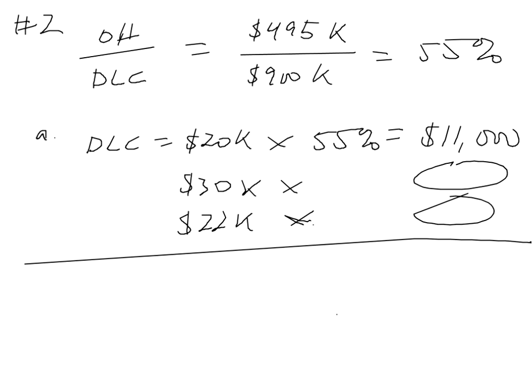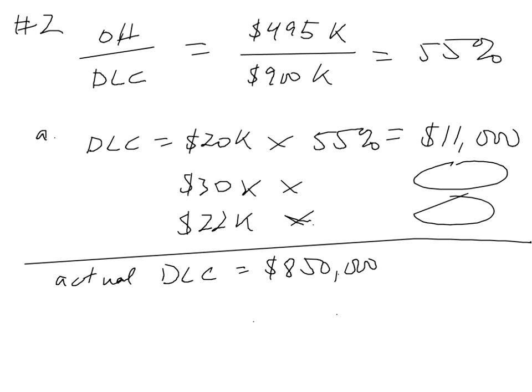The question tells us, as I said, that we estimated manufacturing overhead to be $495,000, and we estimated direct labor cost to be $900,000. Now, the fact pattern tells us that our actual direct labor cost for the year is $850,000.